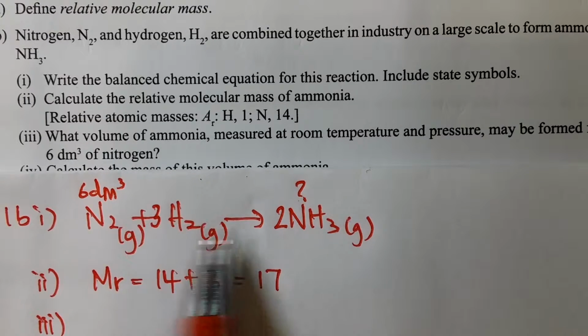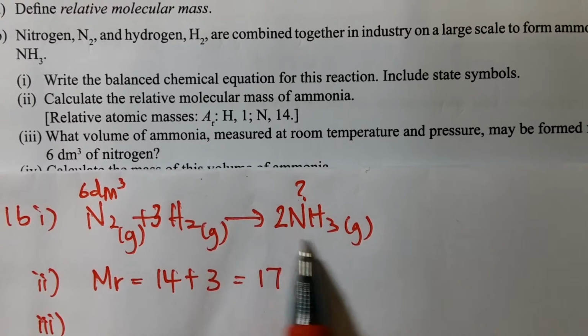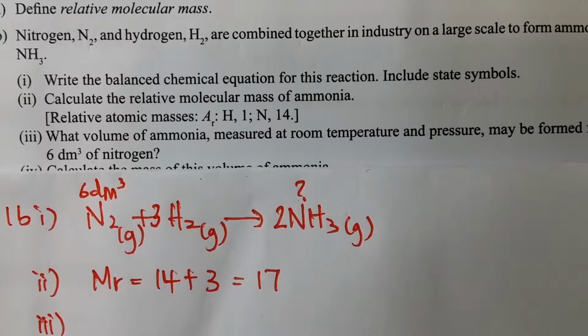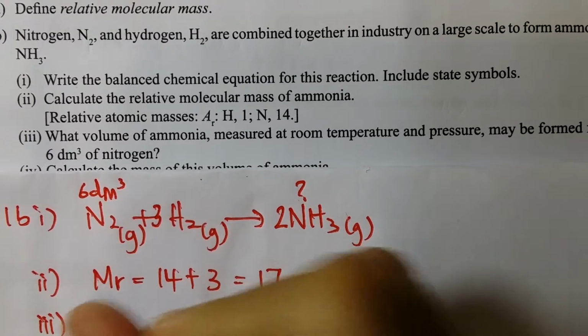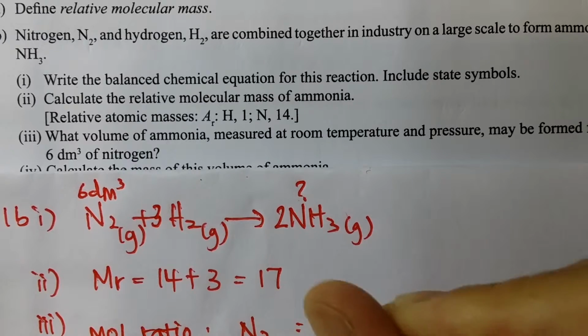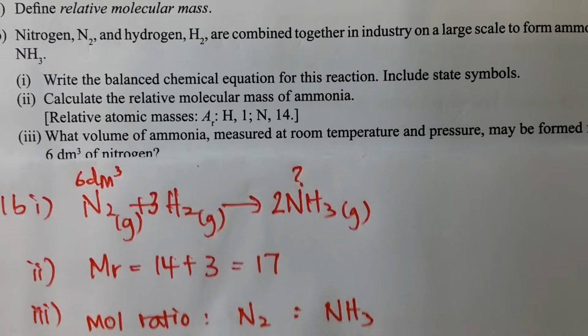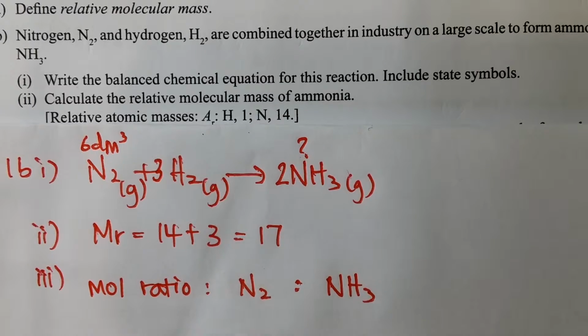So this is N2 and NH3. So you have to look at the mole ratio. Mole ratio of N2 and NH3, not 2NH3, it is NH3. What would be the mole ratio?